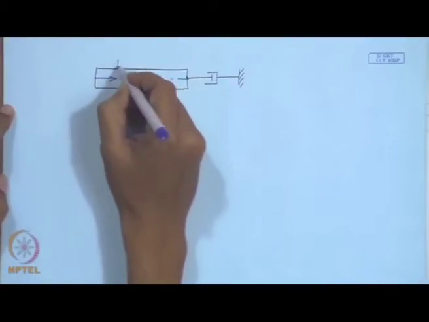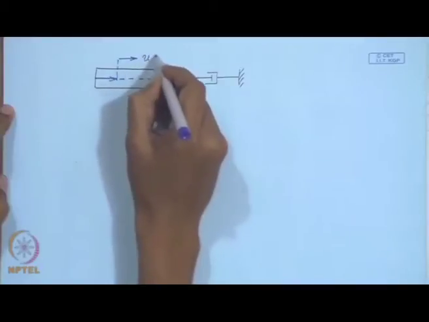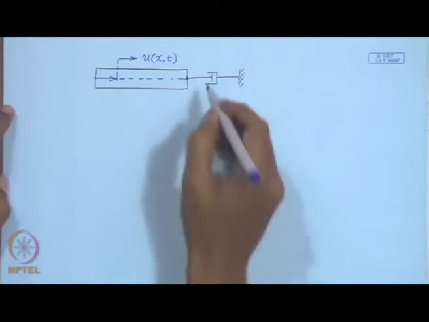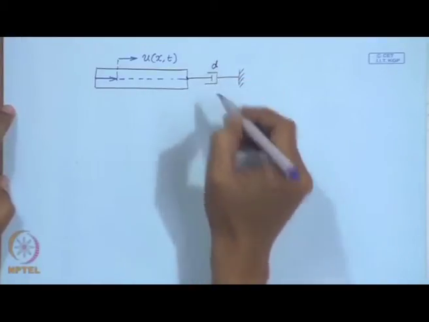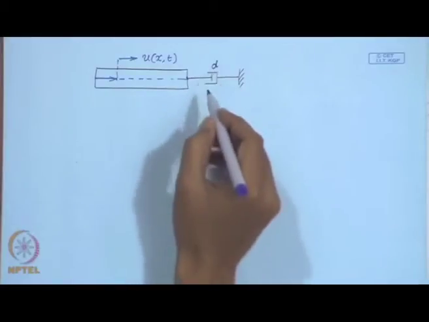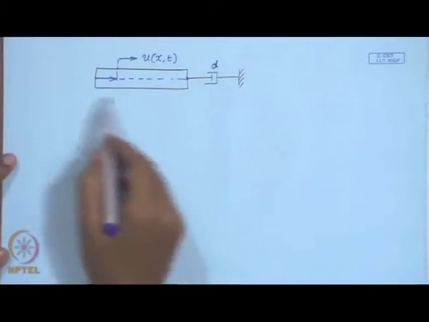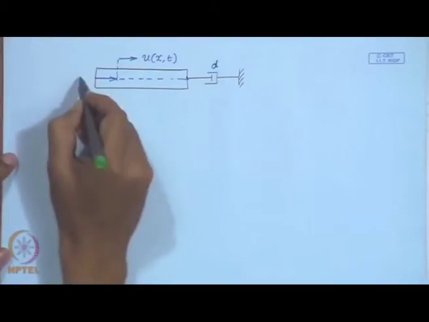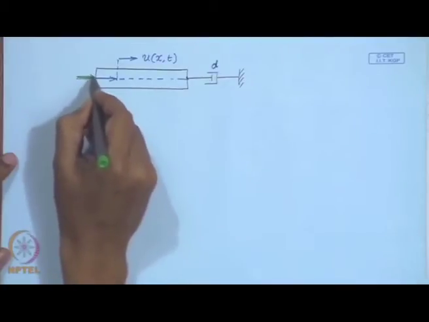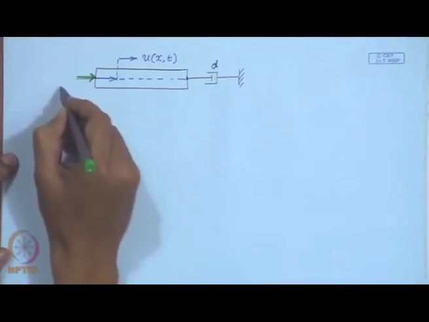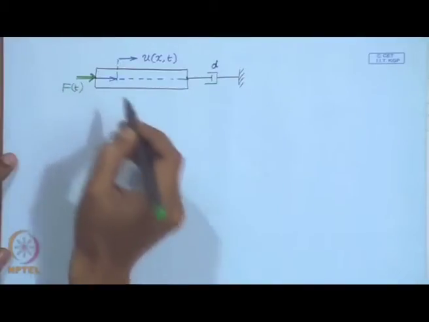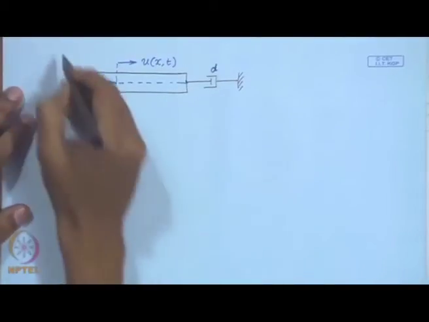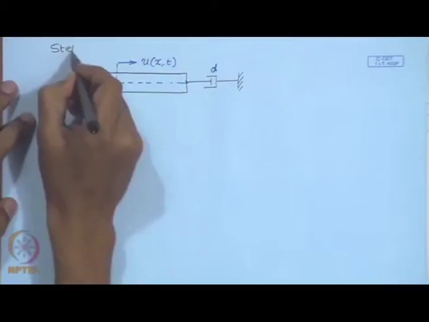Here I have a bar which is connected to a viscous damper, damping coefficient is d, and this is given a force. What we are going to study is step forcing.